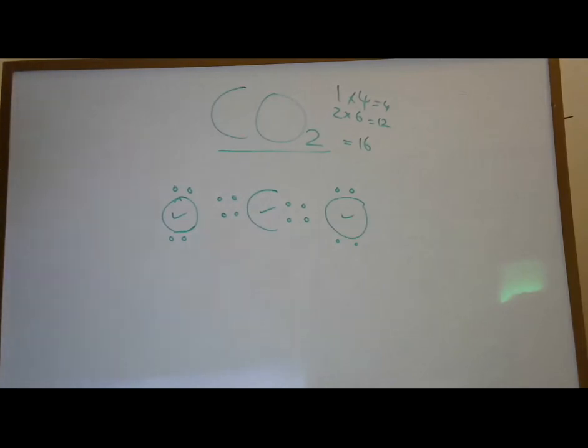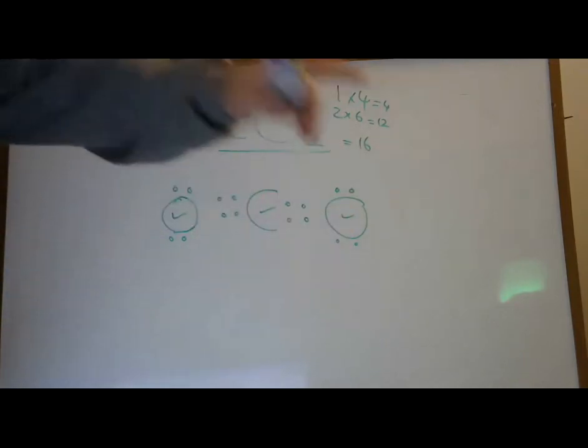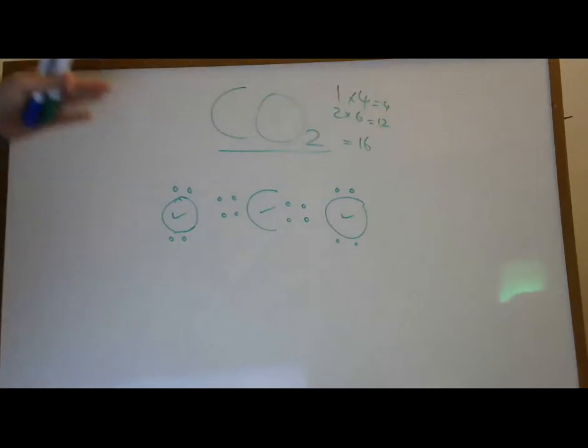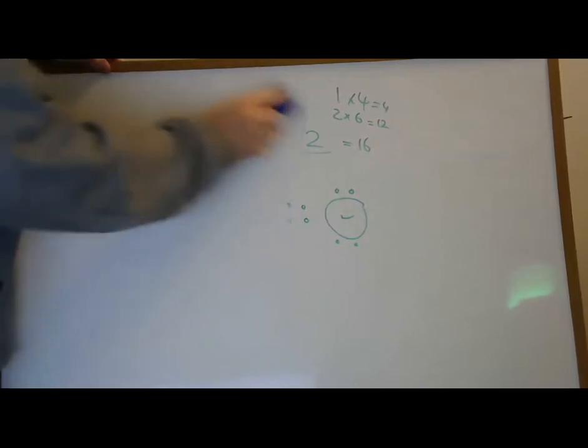So we check 2, 4, 6, 8, 10, 12, 14, 16 valence electrons, and we know we've done it right. I'll record a second part to this straight after this and upload it, where we actually learn what shape things are based on this.